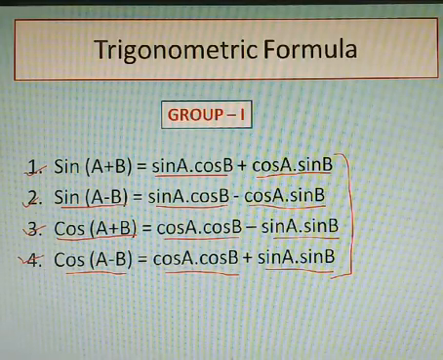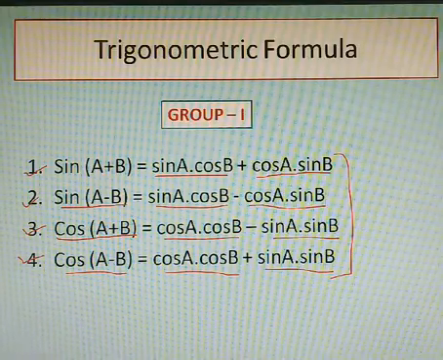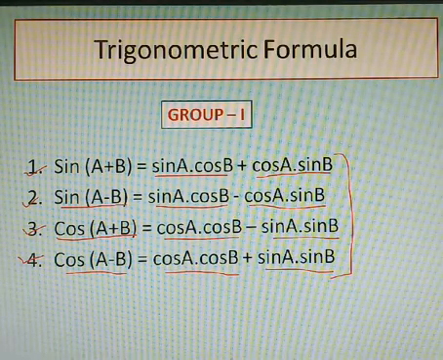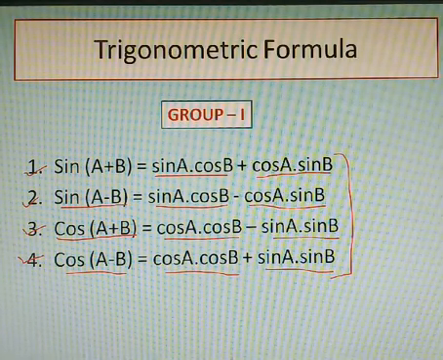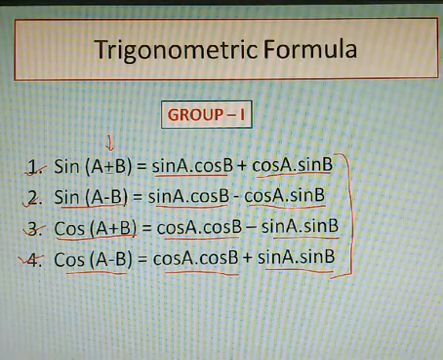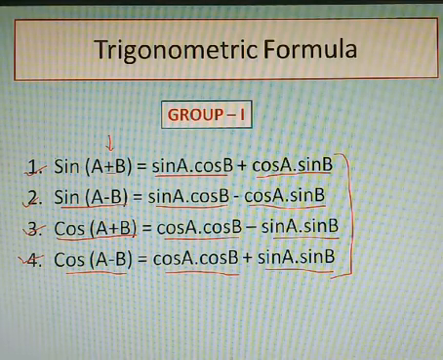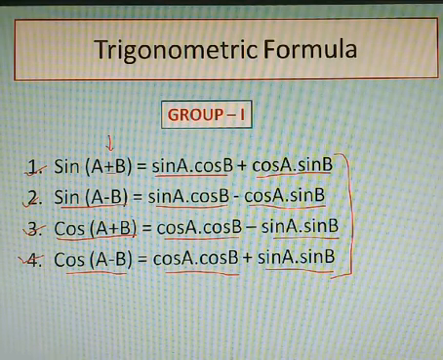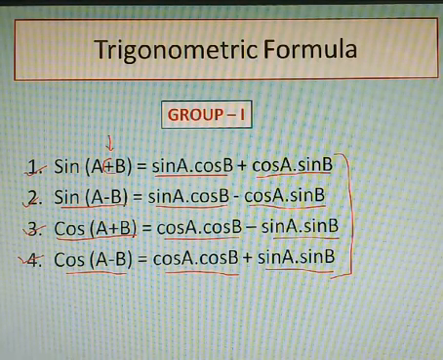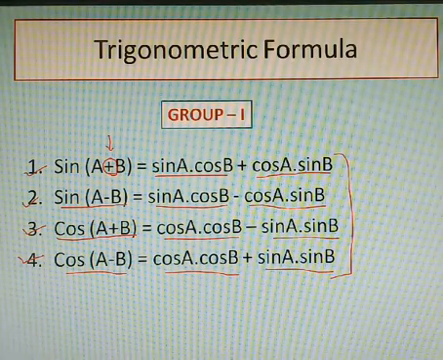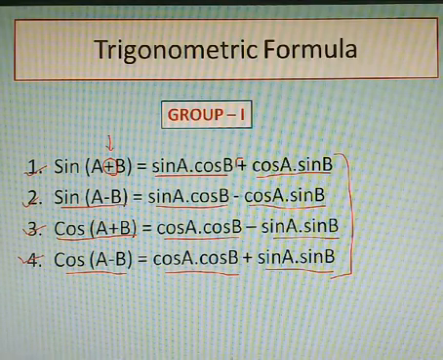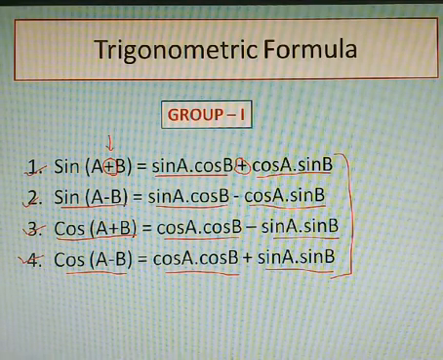So you had better remember these formulas directly, but there are some hints that you should keep in mind while remembering them. First of all, I will discuss the signs. Here you can see a plus sign. Whenever you are taking sin(A + B), whatever plus or minus sign we have in between the angles, the same sign we will write on the right side.